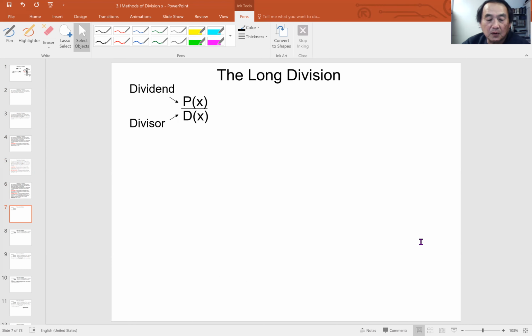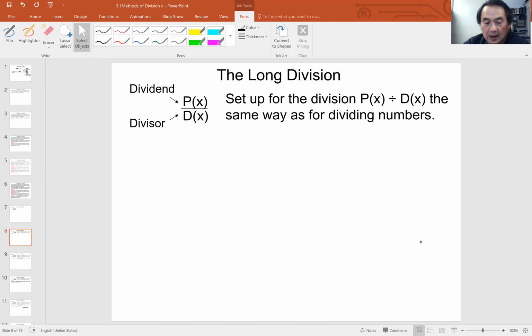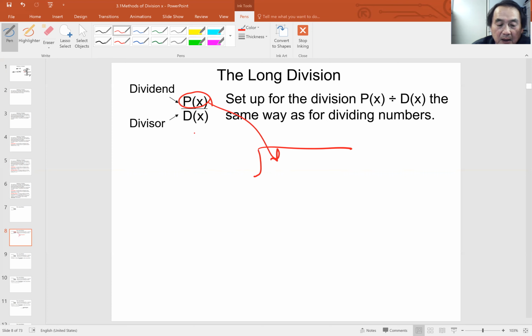Suppose I have a polynomial fraction, a dividend and a divisor, and I want to divide them. I set them up exactly the same way we divide numbers: the numerator goes inside the scaffold and the denominator goes outside.